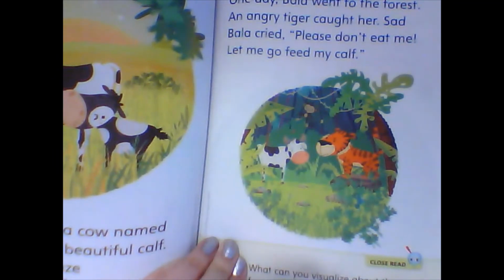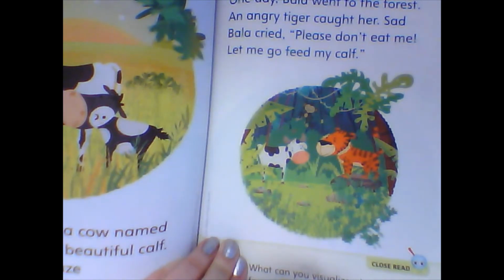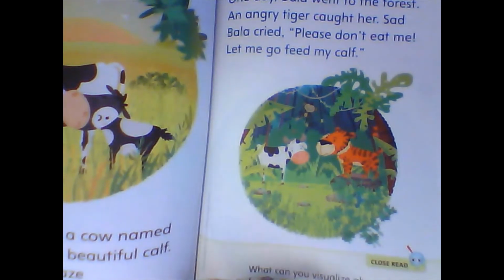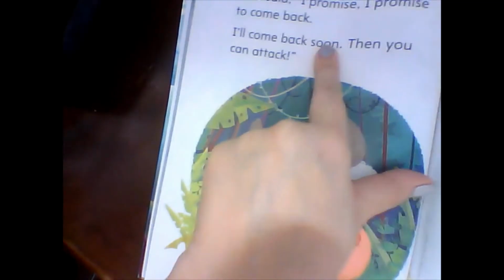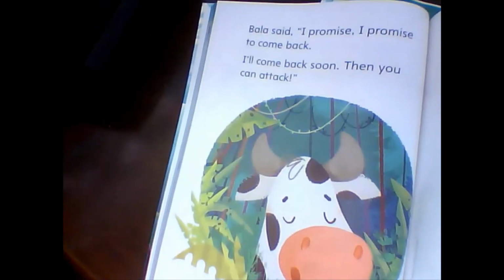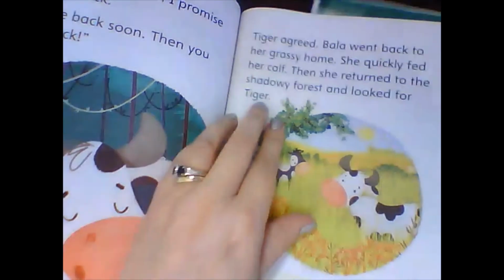He was mad and he caught her. He was angry and she begged him not for her to be eaten. So, let's look here. Remember, she promised that she would come back. And then she came back.